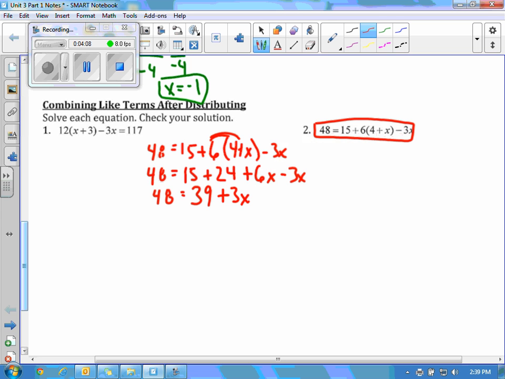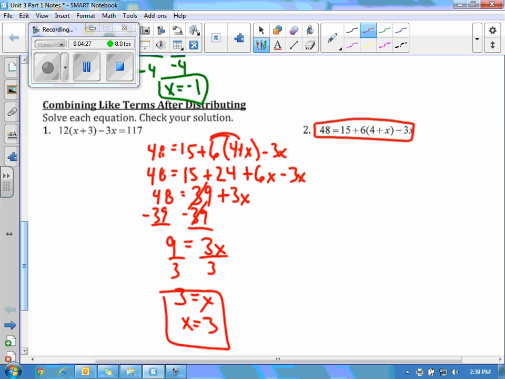I have a positive 39 over here with my 3x, so I need to subtract to get it over to the other side. 48 minus 39 is 9, so I get 9 equals 3x. These cancel out. Then I divide both sides by 3, so I get 3 equals x. Or you can write that x equals 3, either way. So that's number 2. I'll leave number 1 for you guys.